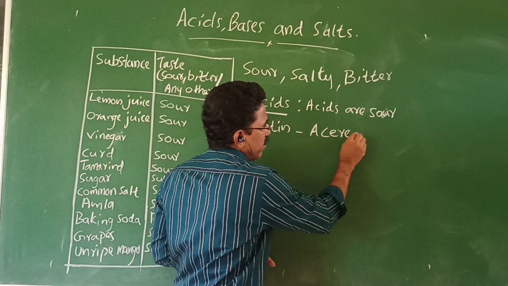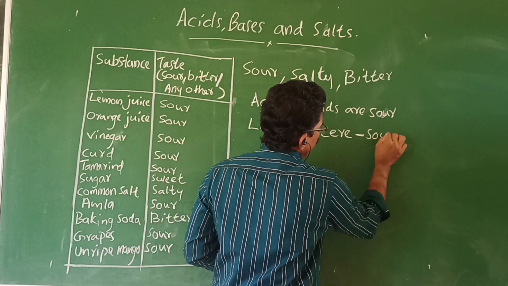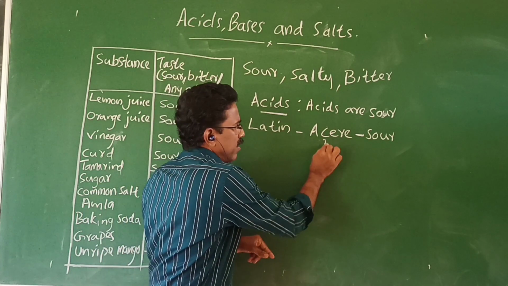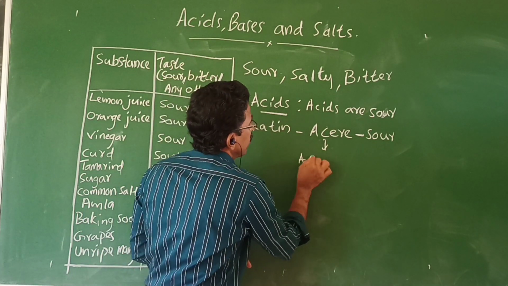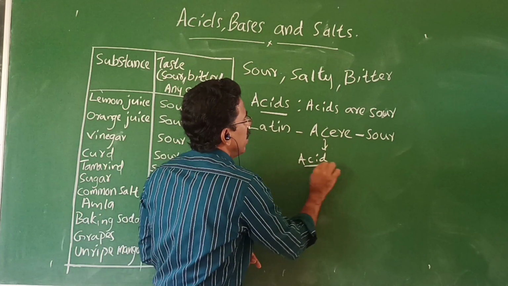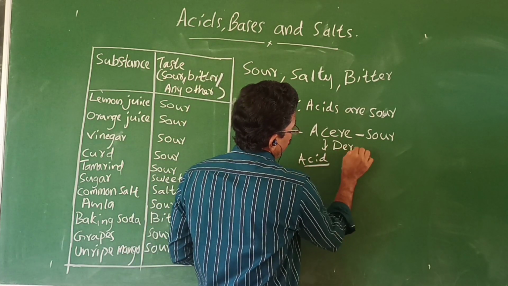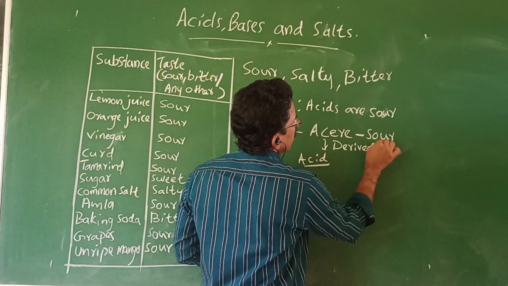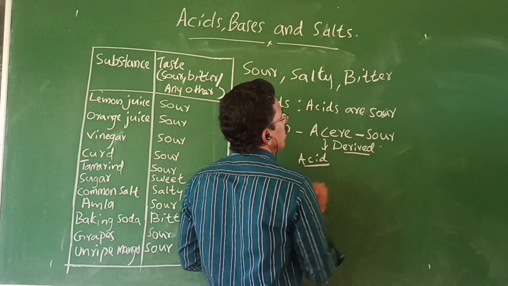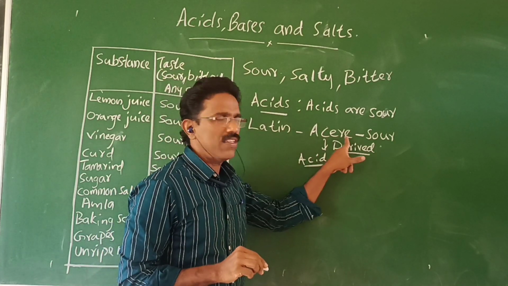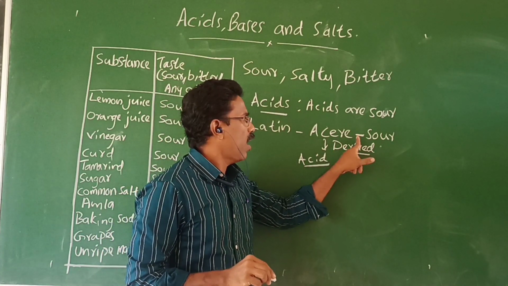The meaning of acidus is sour. So it is from the Latin word acidus that the name acid is derived.